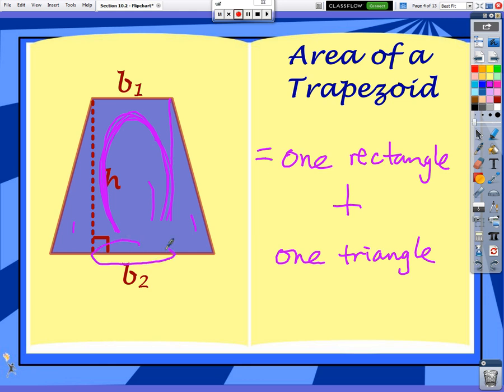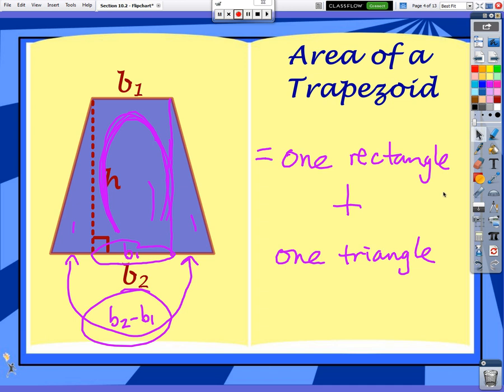This piece that's down here is going to represent the other base. So how much is left over for these two pieces together? Well, that would just be the difference of the two bases, the smaller base taken away from the larger base. So the base of your triangle is going to be this, if you want to think of it that way.